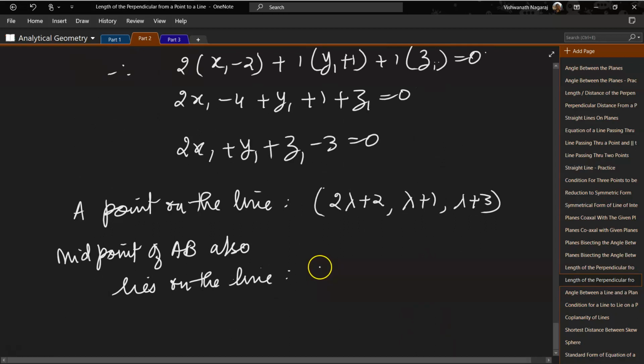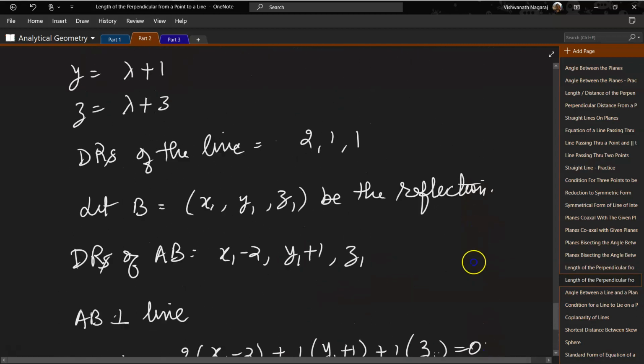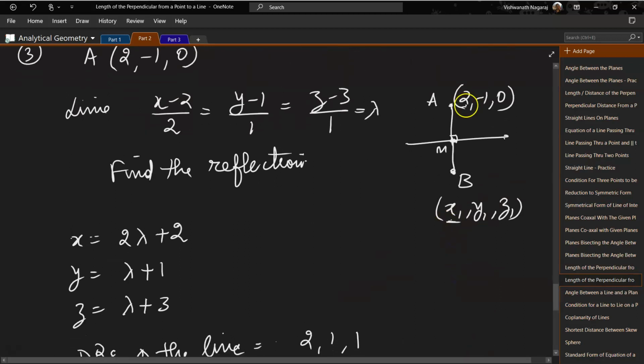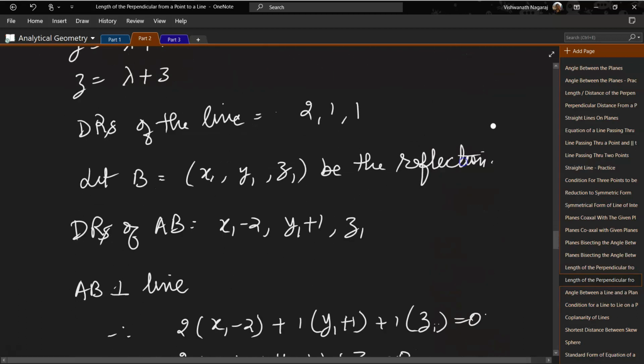So since it is the midpoint, we can say (x1 plus 2)/2, (y1 minus 1)/2, z1/2.